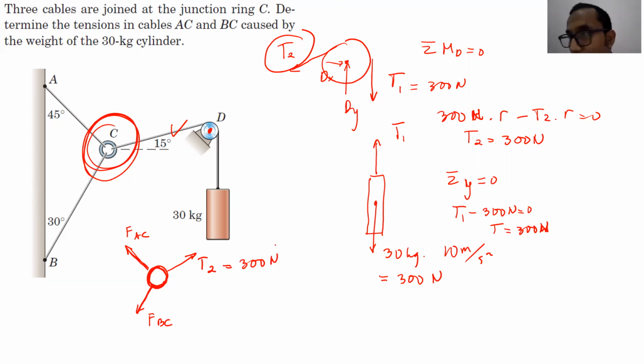Now, can we solve this, Judy? Yes, we can do the summation of forces. Or we can use sigma Fx equal to 0 and sigma Fy equal to 0. Because all the line of action will meet at one point, right?